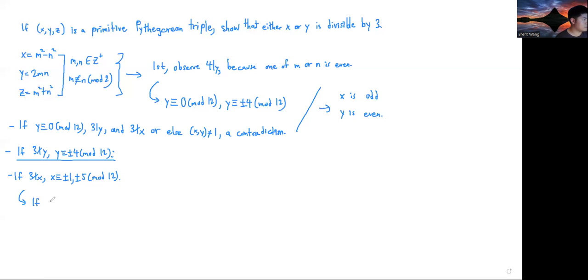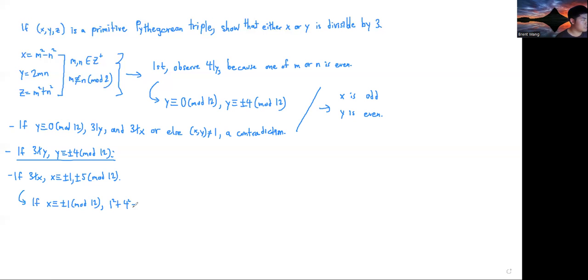If x is congruent to plus or minus 1 mod 12, then let's plug this congruency into the Pythagorean triple. So then you have 1 squared plus 4 squared. Notice it doesn't matter whether it's plus or minus 4 for the squared, you'll get the same value.